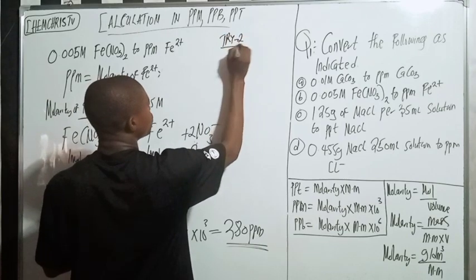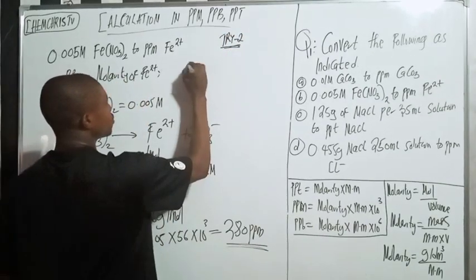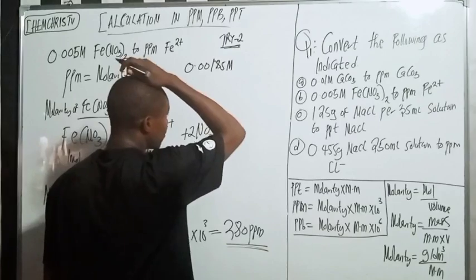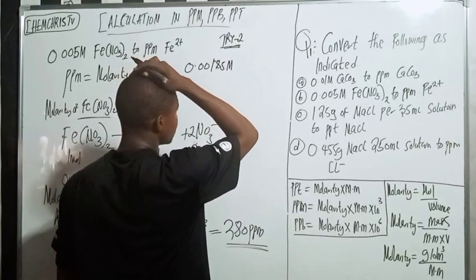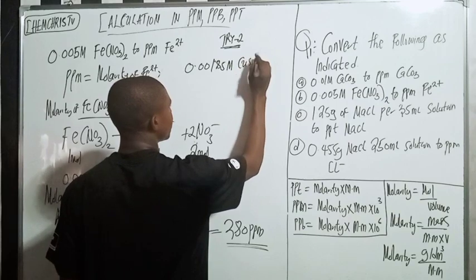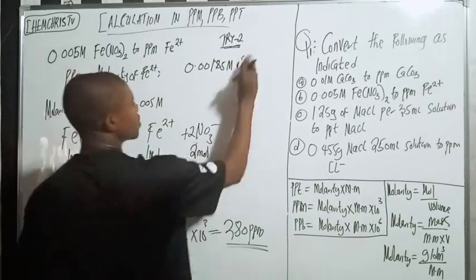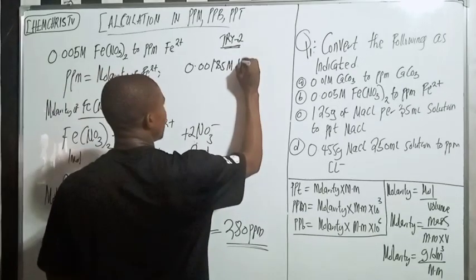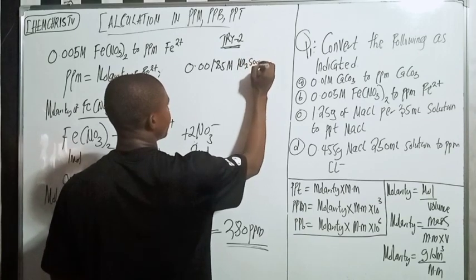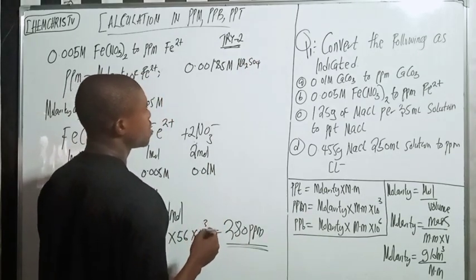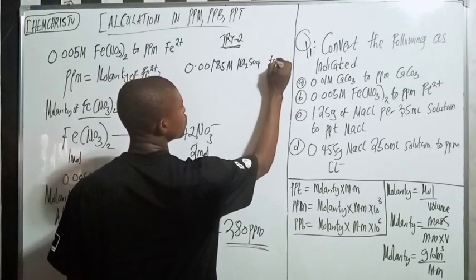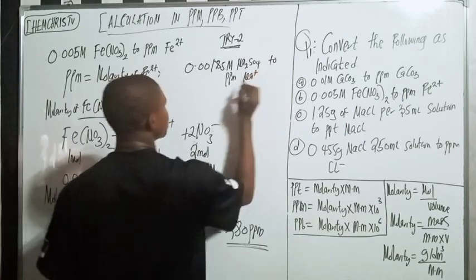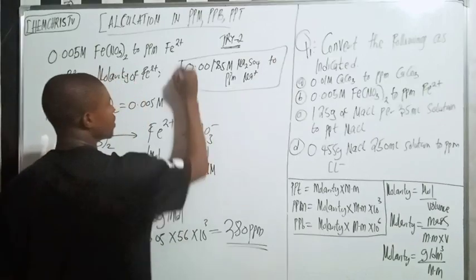We have 0.00185 molarity of sodium sulfate, Na2SO4, to ppm of sodium ion, Na+.